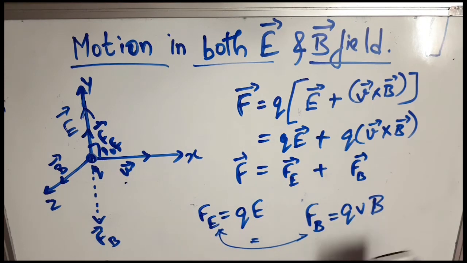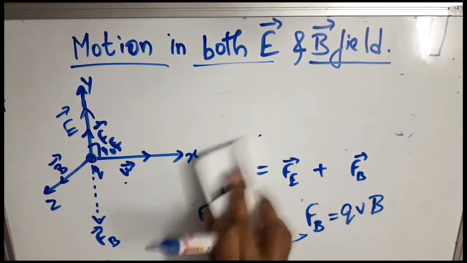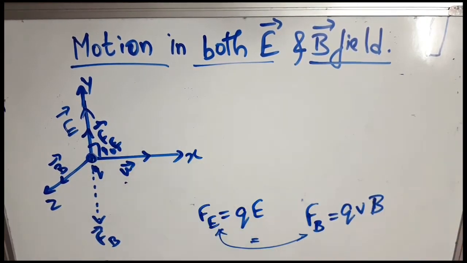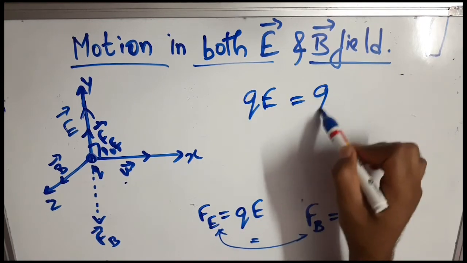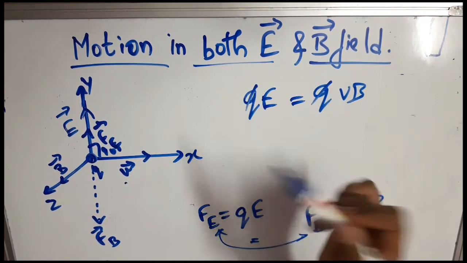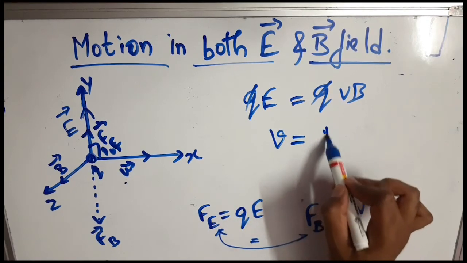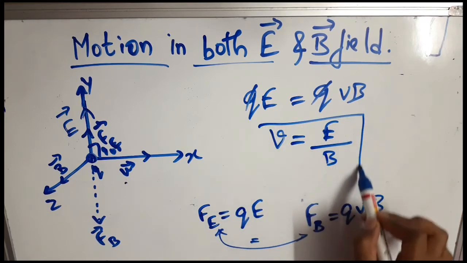Now equating these two, what do we get? Equating the magnitudes of the electric as well as the magnetic force, we get QE equals QVB. Q cancels out, and we have the equation for velocity as E by B.